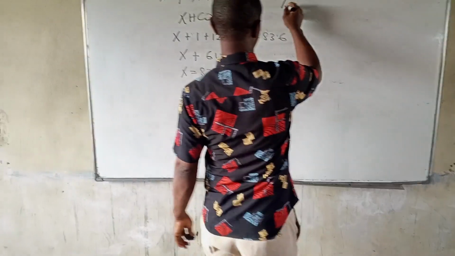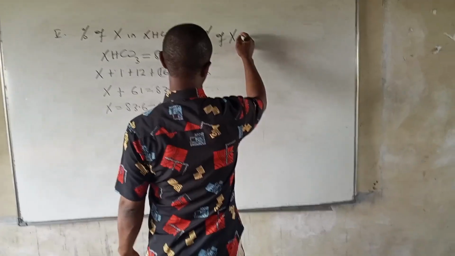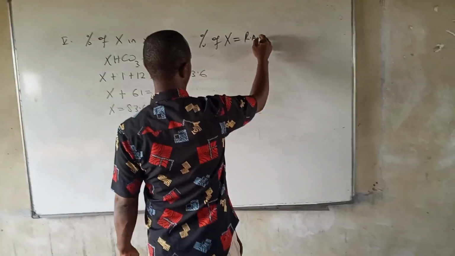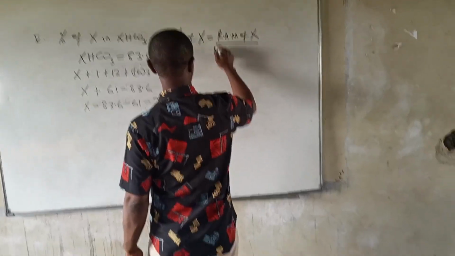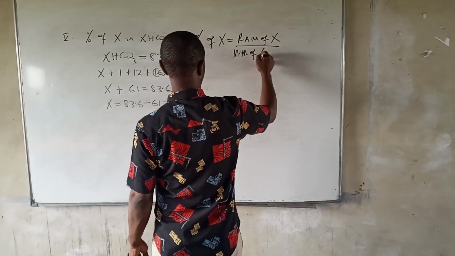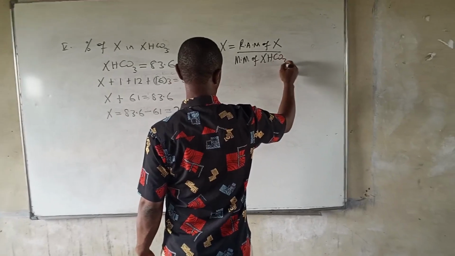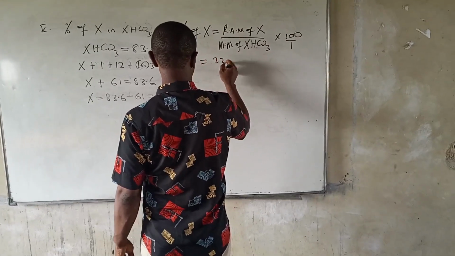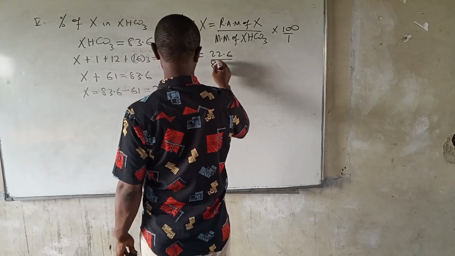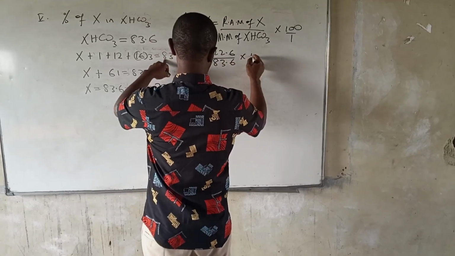Now we look at the percentage of S. So the percentage of S becomes the relative atomic mass of S over the molar mass of the compound, times 100 over 1. That becomes 22.6 over 83.6 multiplied by 100 over 1.